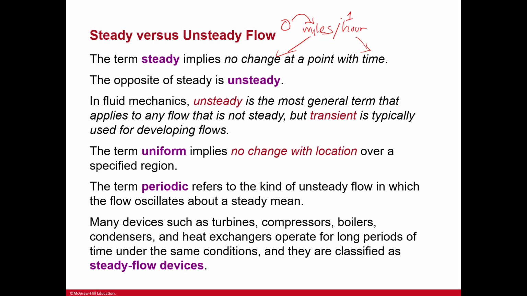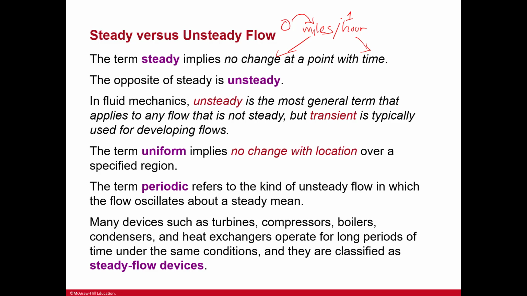You have to gear up to that. You have to go 0, 1, 2, 3, 4, and every infinite point in between until you get to 70 miles an hour. That's transient. It's a developing speed.